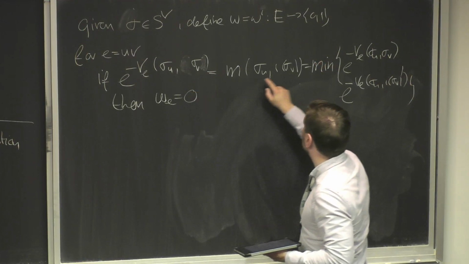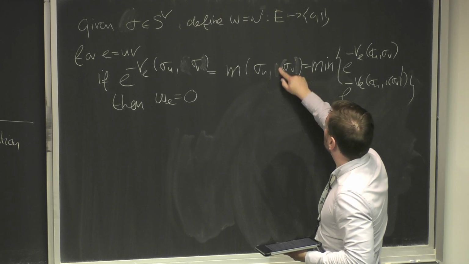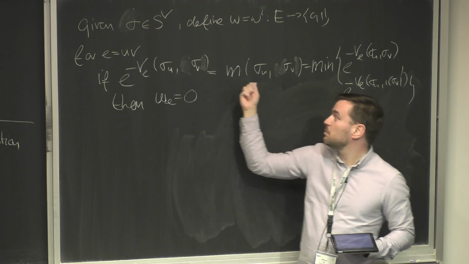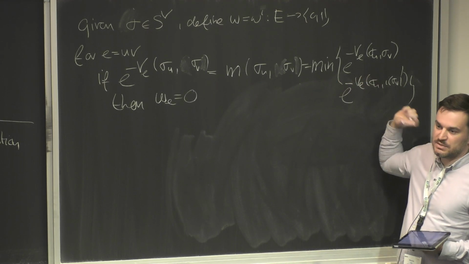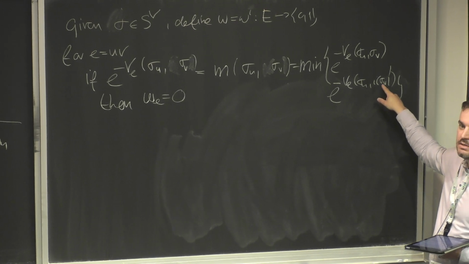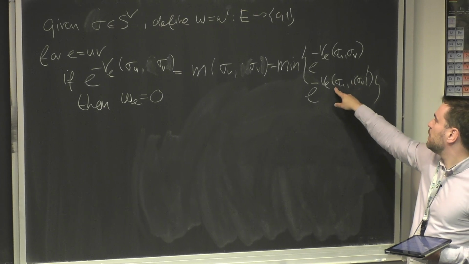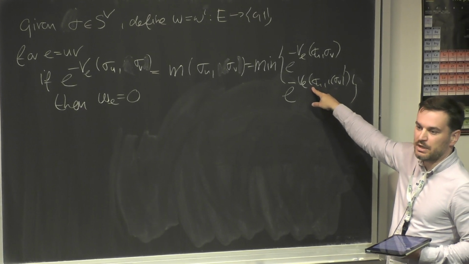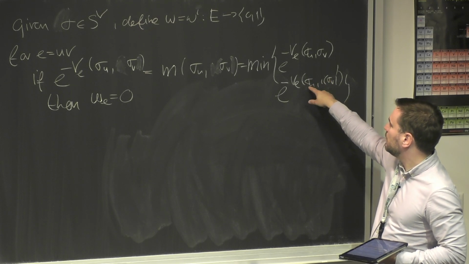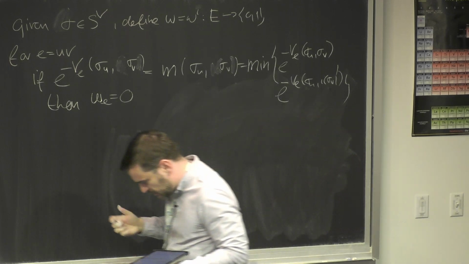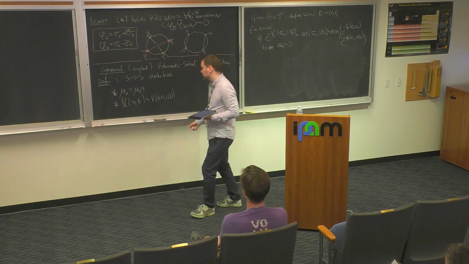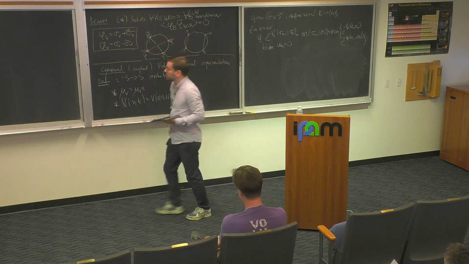There shouldn't be an iota here. So if your current weight is the minimal of the two possibilities, one of them is after I flip one of the endpoints, and you see here that the fact that it is an involution, it doesn't matter which thing I flip, because this is an involution which preserves energy. So if I apply iota again, this will preserve. So it doesn't matter which side of the edge I flip, which is an important property of this construction.